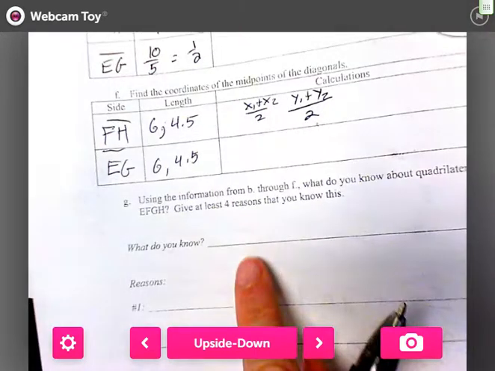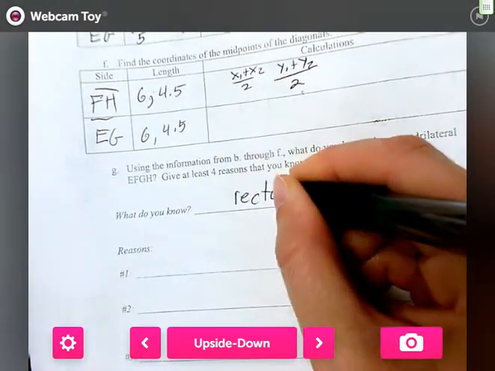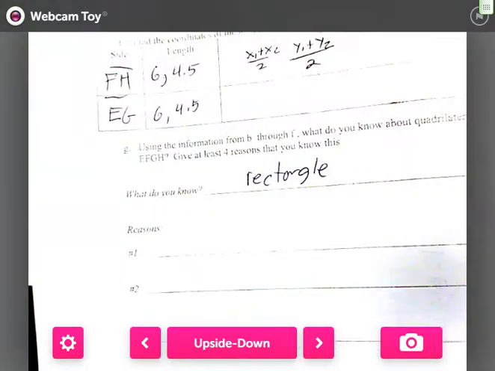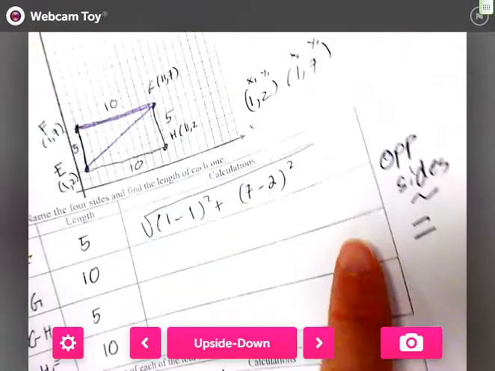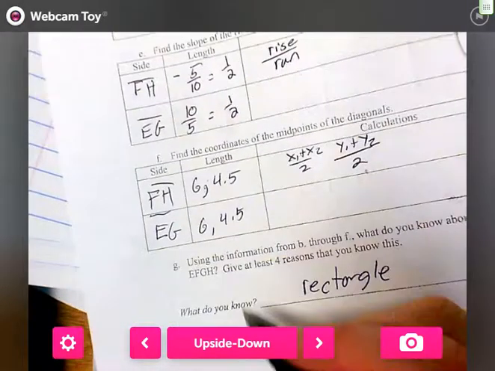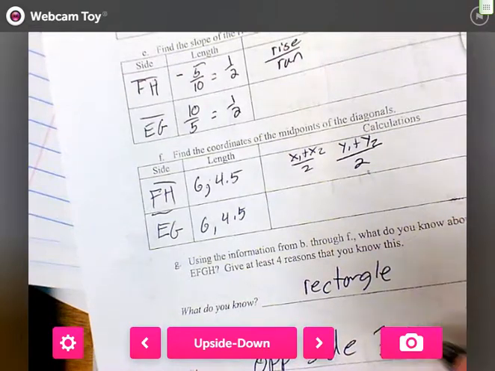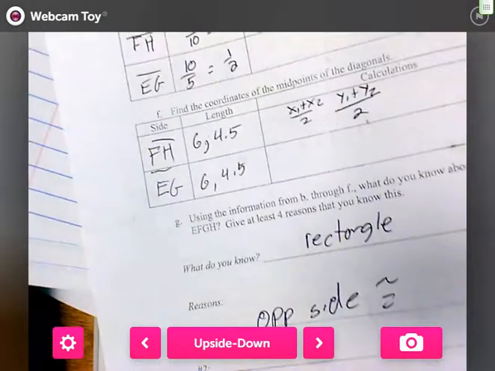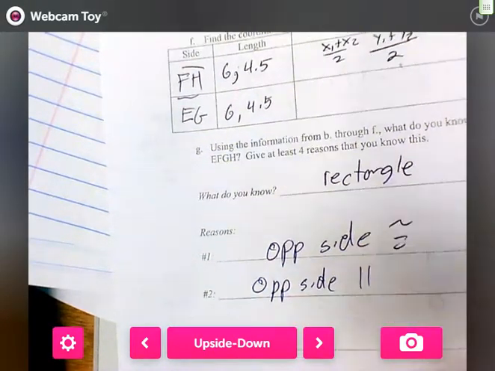So what shape did you put down, guys? Rectangle, right? And what are some reasons? If we look at the front, what does this say right here? Opposite sides are congruent. What does it say for part C? It says opposite sides are parallel.